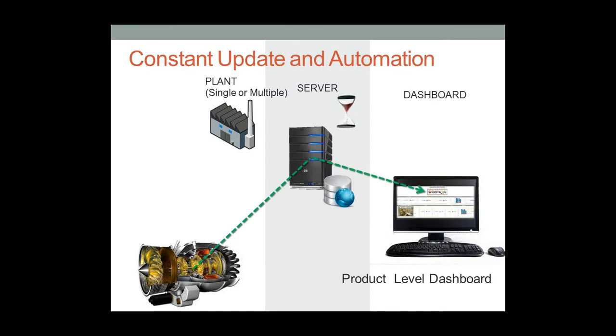So just by measuring the part, we are able to create a part level dashboard, a sub-assembly level dashboard, and a product level dashboard. The idea is automating that in the background, server based, so that at any time a user can get an update on what my product level dashboard is, and whether my quality metrics at the product level are being met or not.